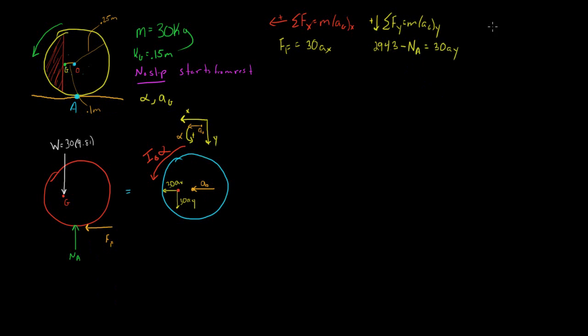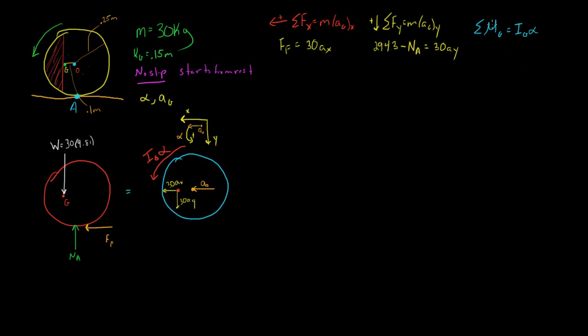And finally, I'm going to sum my moments about some point. I'm just going to choose my center of mass. There's other points you could sum this moment about. You could sum it about point A, you could sum it about the center, but I'm just going to choose the center of mass. And this is equal to my moment of inertia about my center of mass times my angular acceleration.